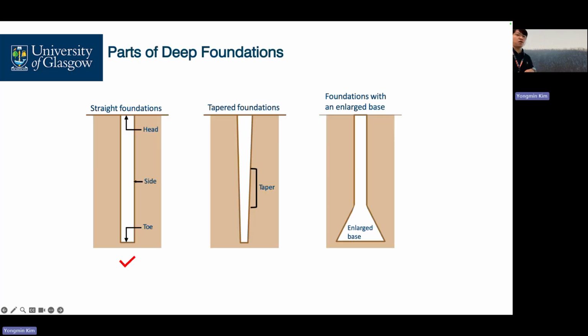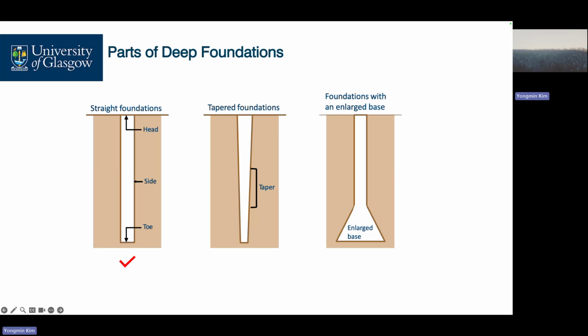So before we talk about some design of the pile foundations, let's define the components of piles. Here is the pile head. The bottom one is the pile toe, or pile end. And along the depth, we have the side or skin.